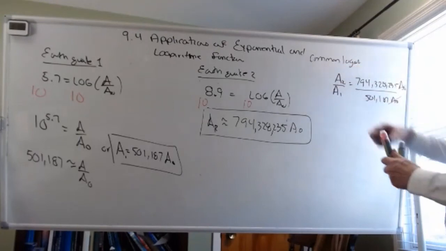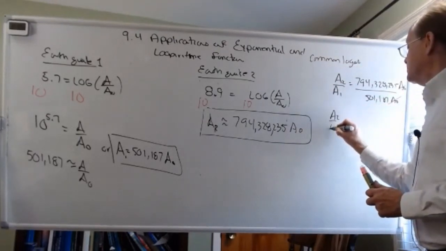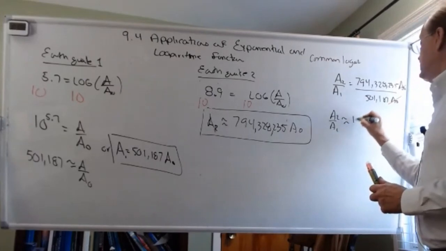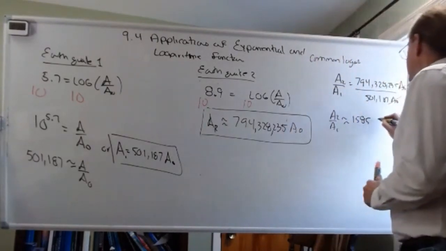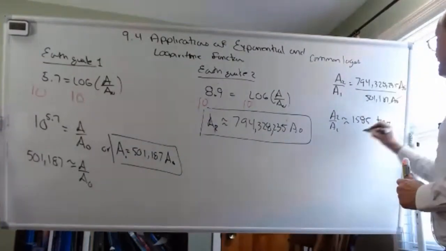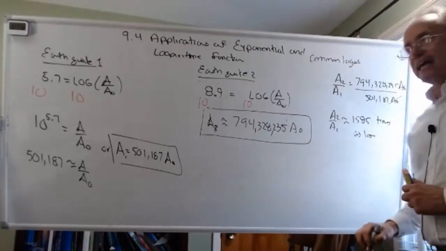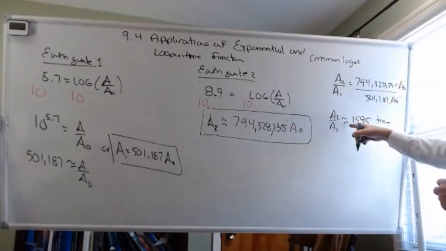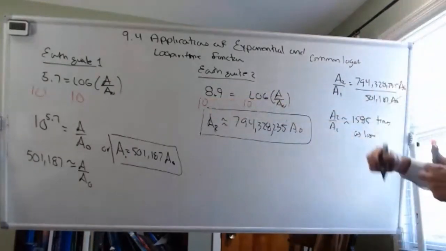So I want to look at the relative size differences over here. This gives me approximately 1,585 times as large. You get a lot of bang out of one, even, from 5.7 go 3.2.